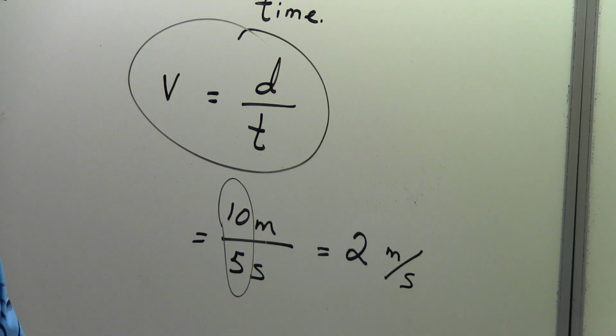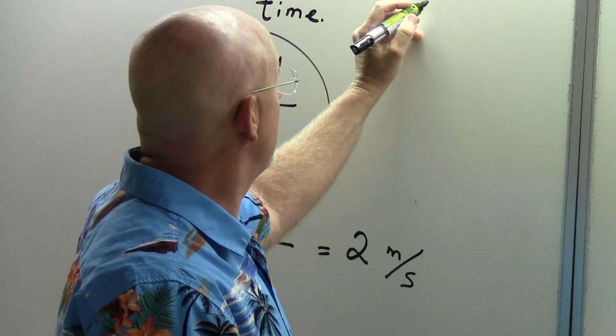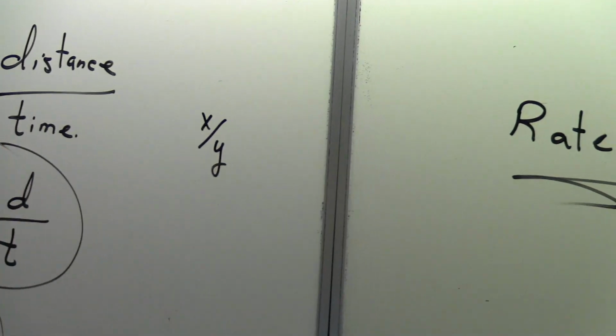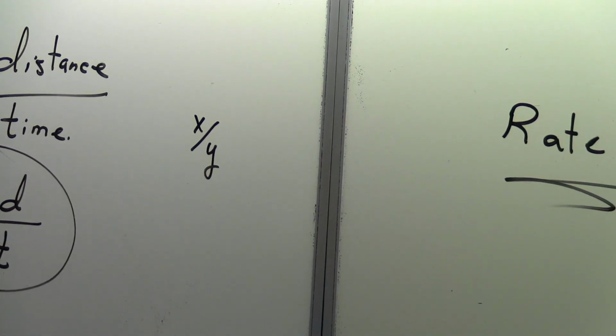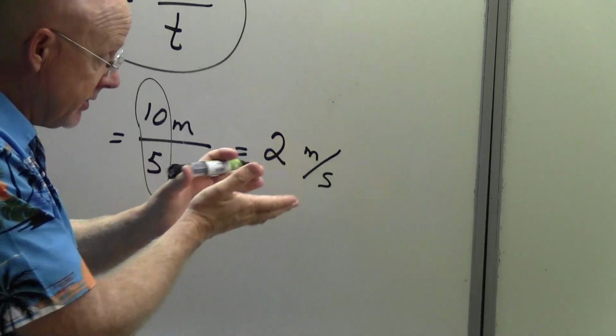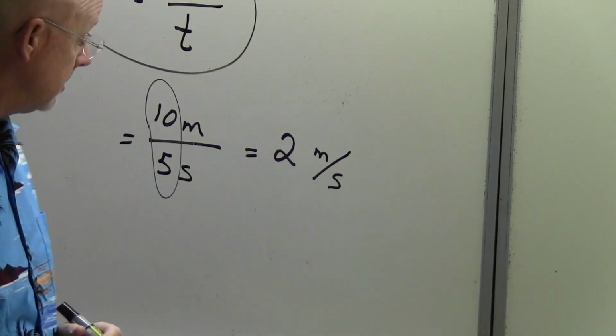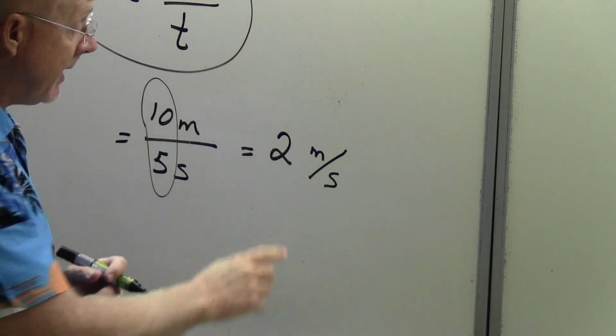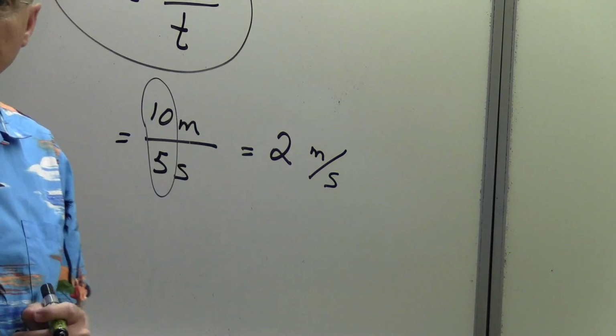And so just like in your math class, if you had x divided by y, you would just leave it that way, x divided by y, and that's what I have, meters divided by seconds. And so this is 2 meters, and we like to say it this way, per second.